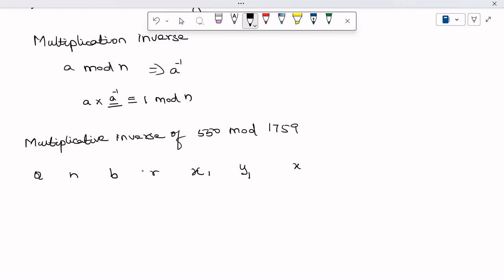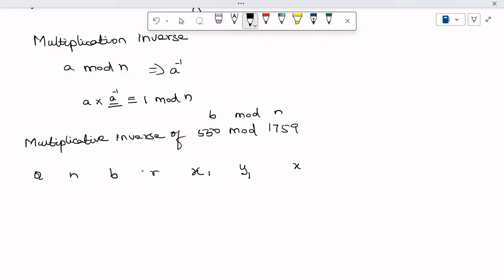And what is N and what is B? So here the task is to find the multiplicative inverse of B mod N. Here we won't bother about whether N is larger or B is larger. We will directly apply the values B mod N. If I want to find B mod N, then I will proceed with this table.